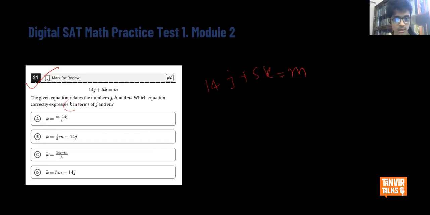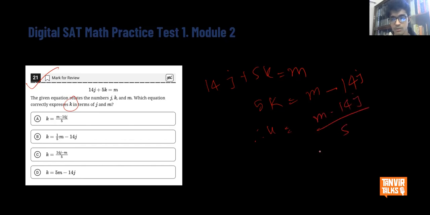So k has to be alone on this side, so 5k is equal to m minus 14j. So what will the value of k be? m minus 14j by 5. So 1 by 5 m minus 14 by 5 j. So yeah, that's the answer actually. We don't have to simplify anything. So A.